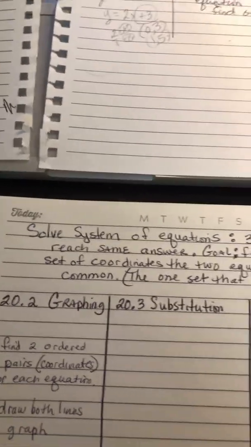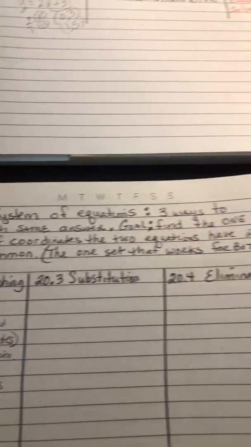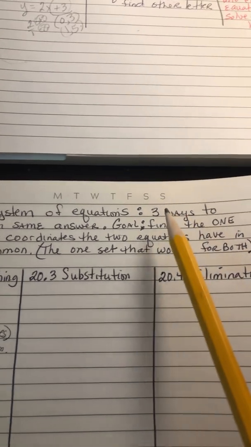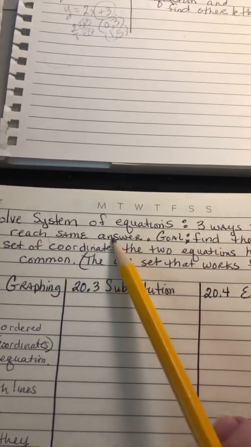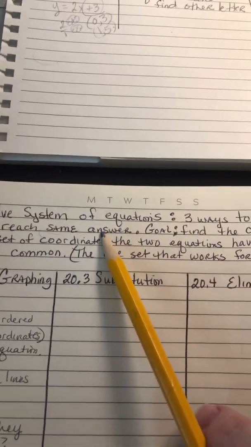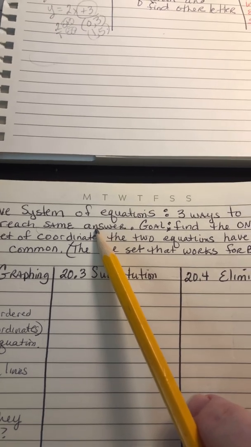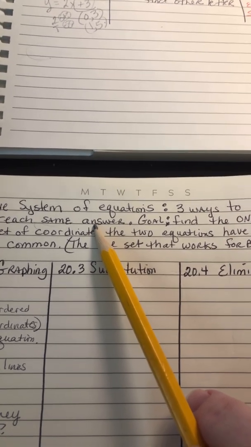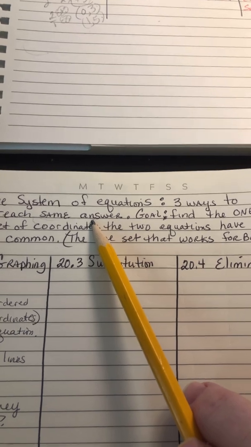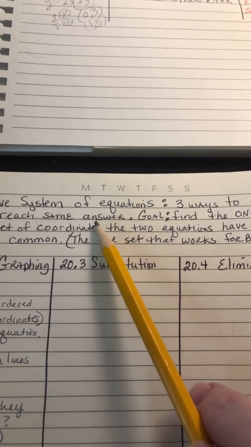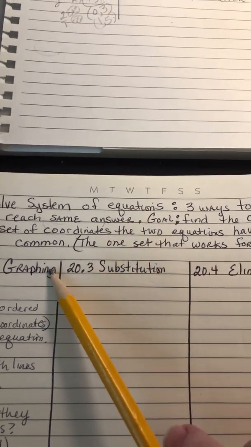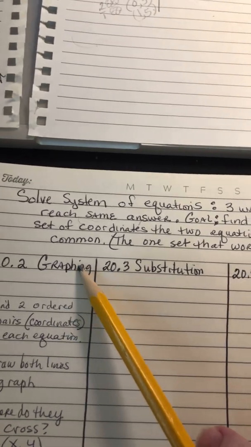So, solving systems of equations, we're going to learn three ways to do exactly the same thing. Three ways to find that one single spot where the two lines intersect. One way to do it is called graphing, and that's going to be section 20.2.